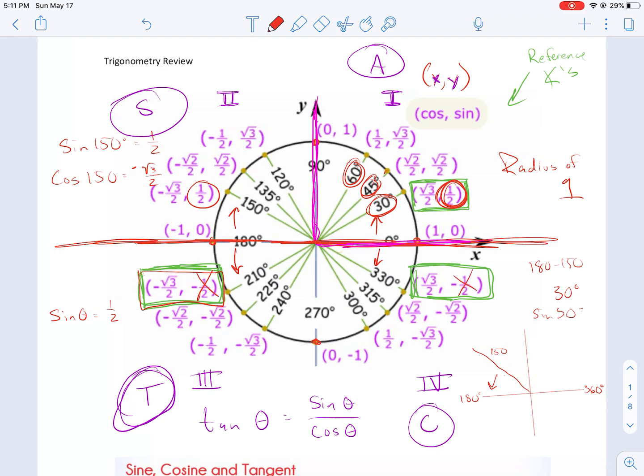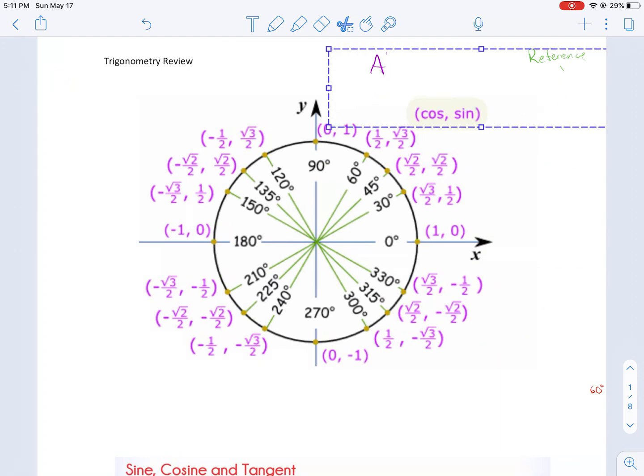Down here, it's not positive. Down here, it's not positive. The only two quadrants it's positive in are the first one and the second one. So when the sine of theta is equal to 1/2, we get two degree measures, which are 30 degrees and 150. I'm touching on a lot of stuff here. Hopefully this makes a little sense.